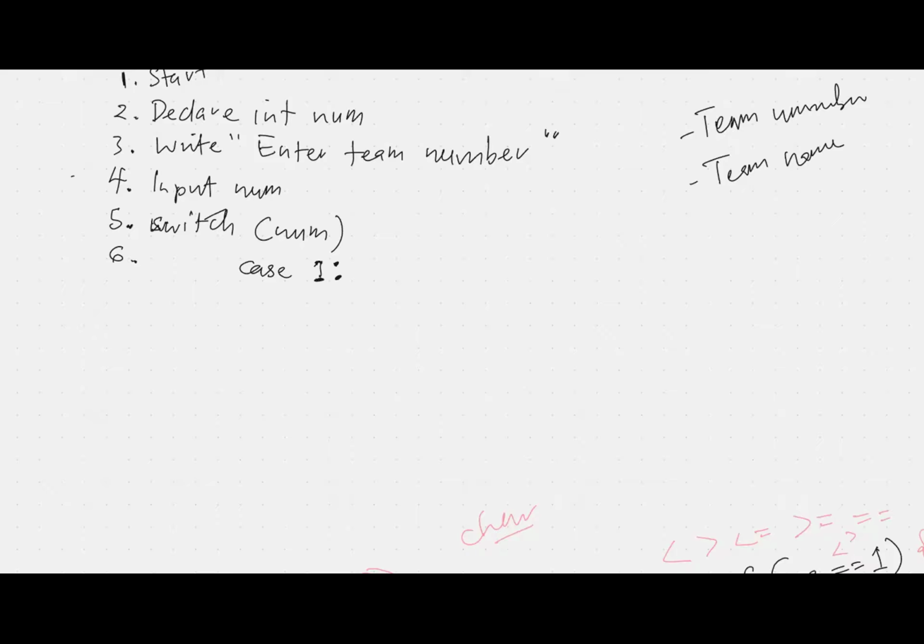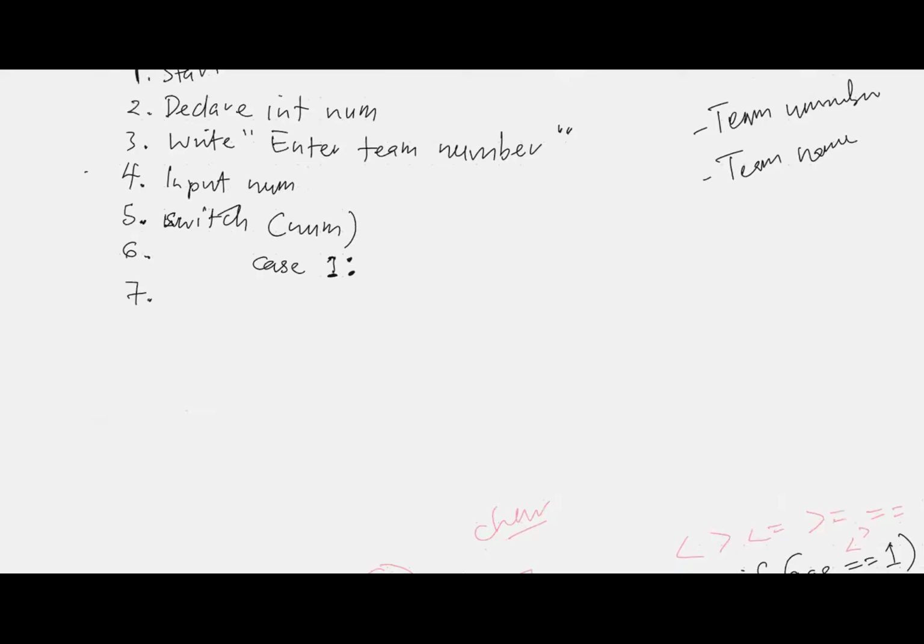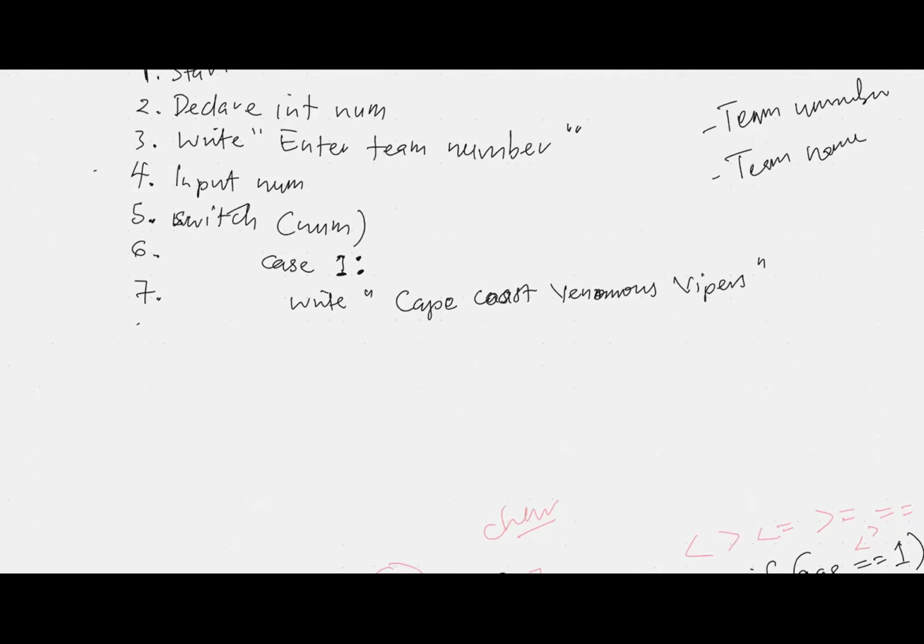Then number 7, we want to write, for instance, Cape Coast Venomous Vipers. Then number 8, please make sure to add the break statement. The break statement stops it from going to the next one.